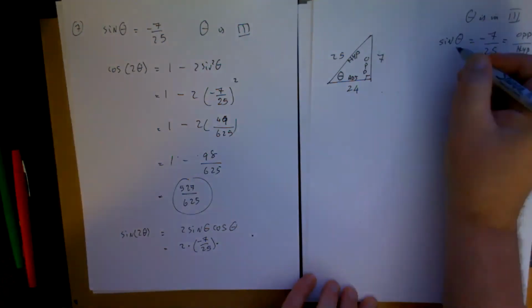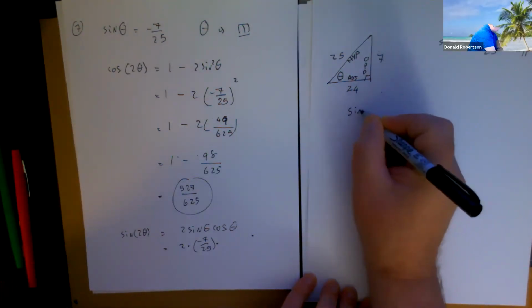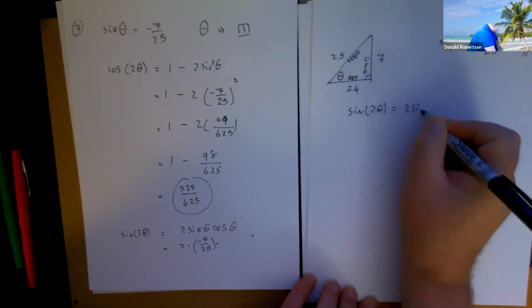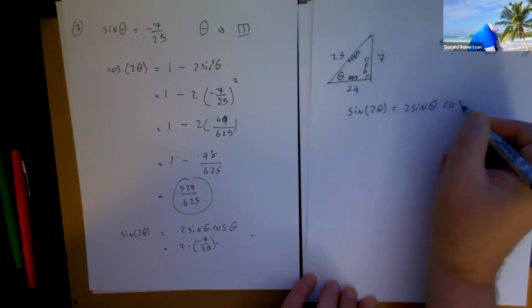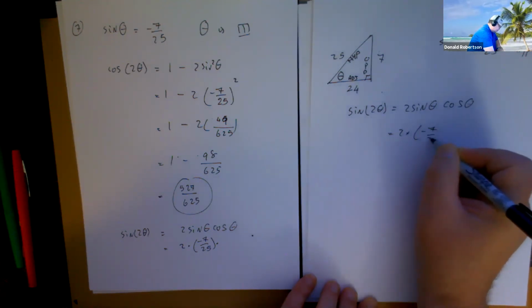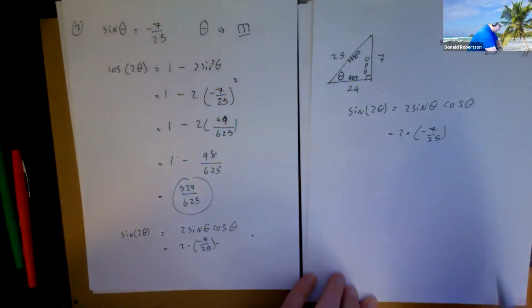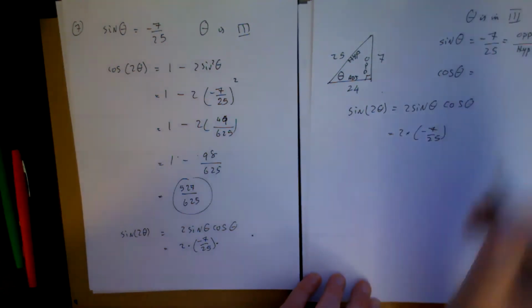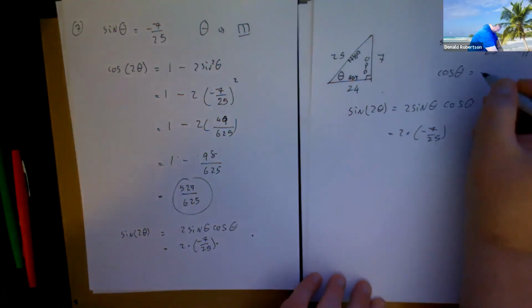But now I know it, I can go back to this formula. And the sine of 2 theta is 2 sine theta cosine theta. 2 times, just like it was before, that fella. Does it have to be negative also? Cosine of theta, I've just been told it has to be negative.